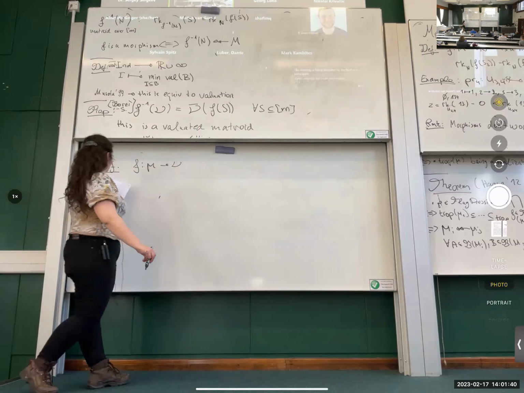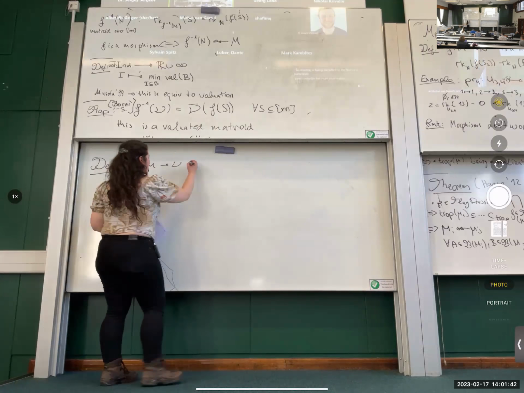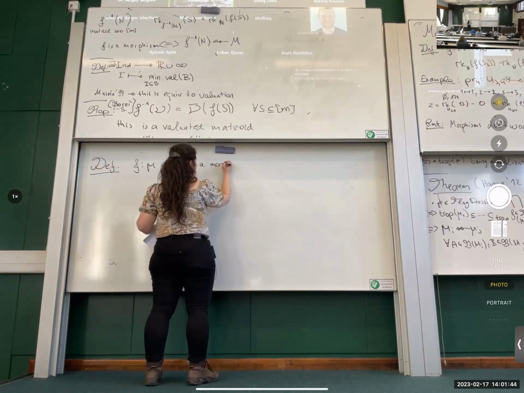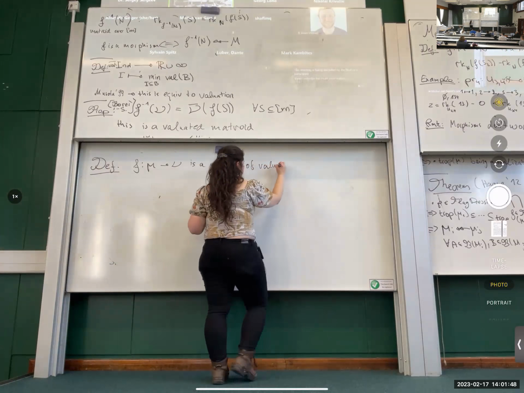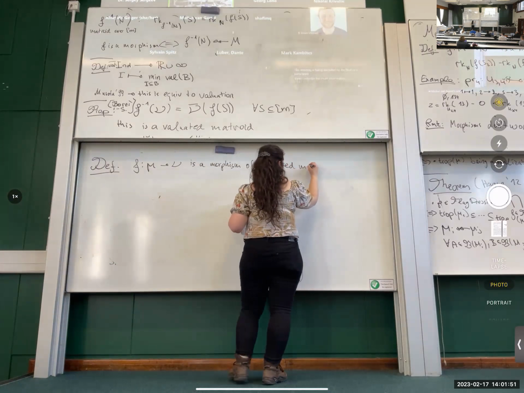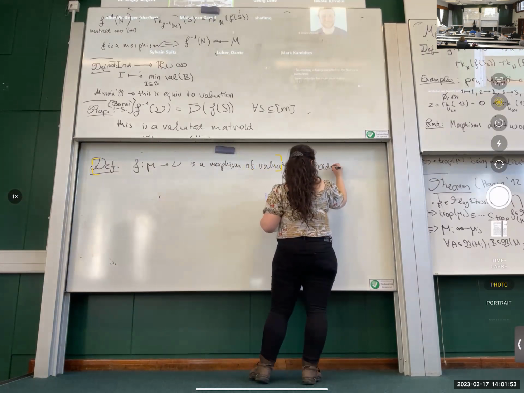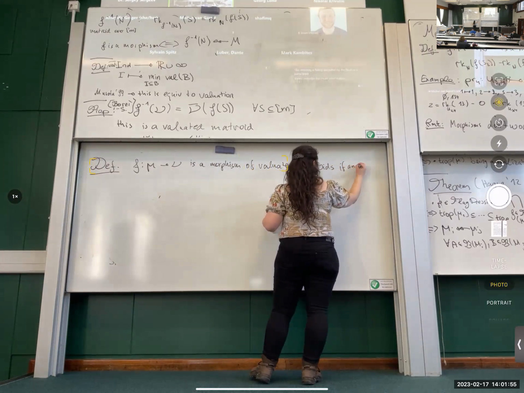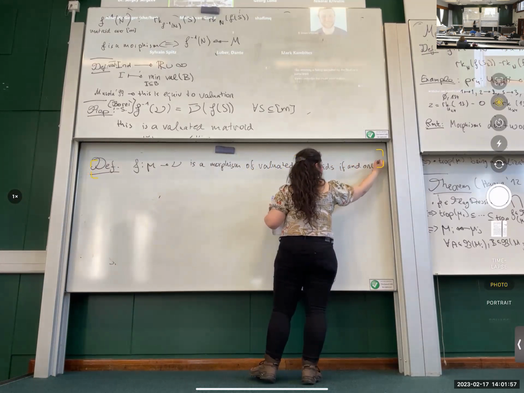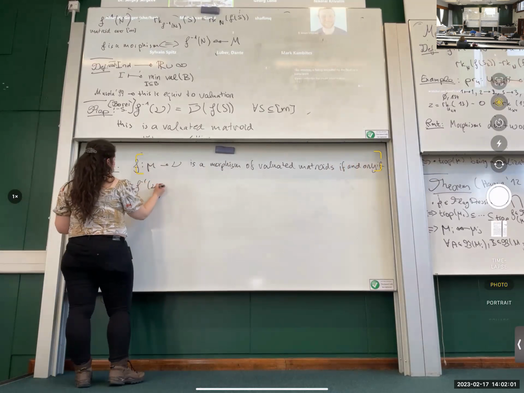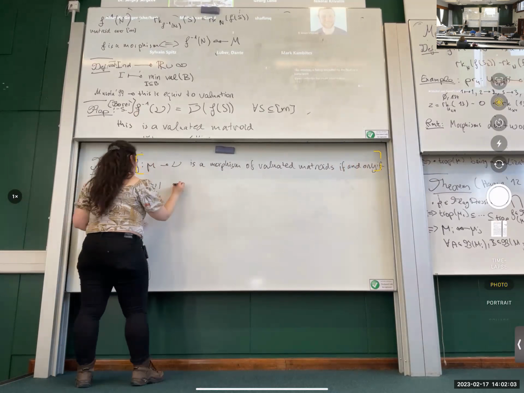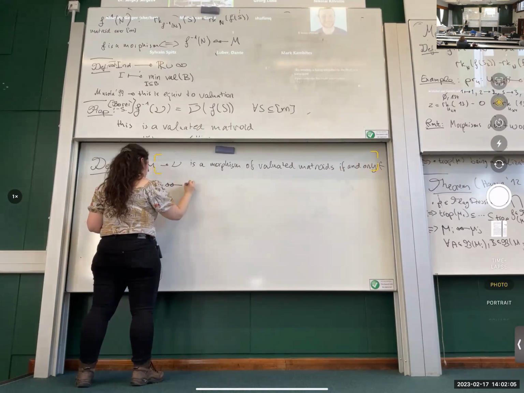Anyways, okay, so this is a morphism of evaluated matroids if and only if f^{-1} nu, defined in the way up here, is a matroid quotient of mu.